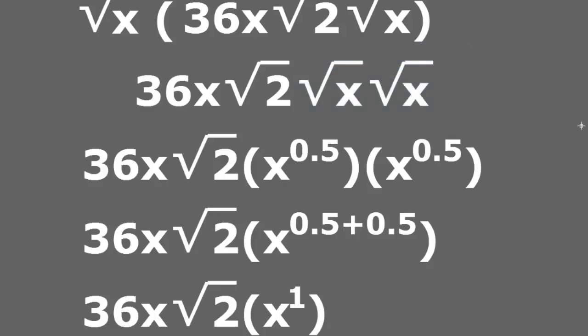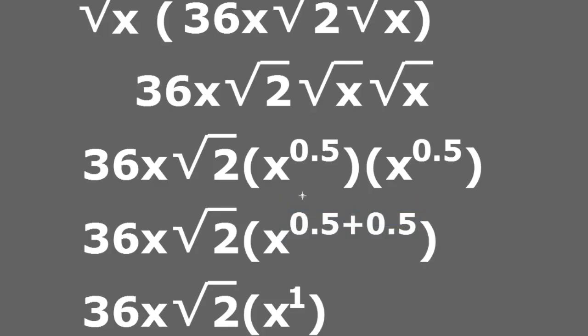Another way that you can visualize it is to remember that the square root is the same thing as the exponent equal to 1/2, or 0.5. So you can say that you're multiplying x with an exponent 0.5 with another x with the same exponent, also 0.5. And when you have two numbers with the same base being multiplied, what you do is add up the values of the exponents.